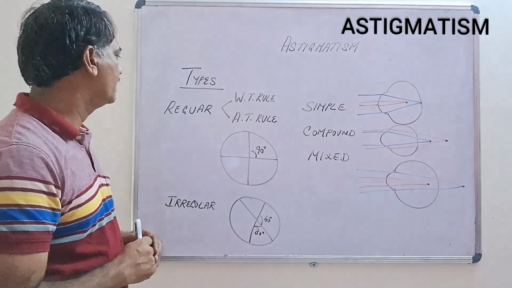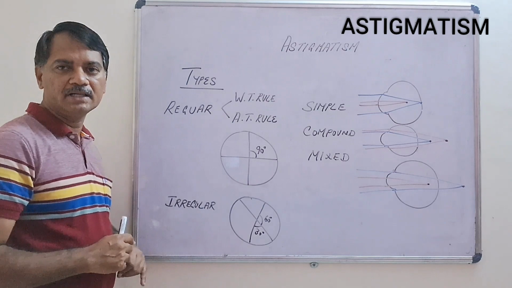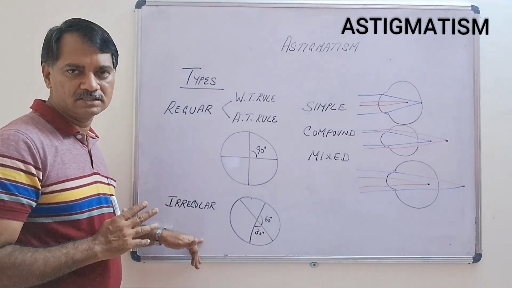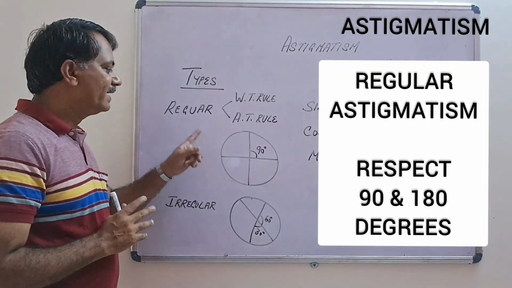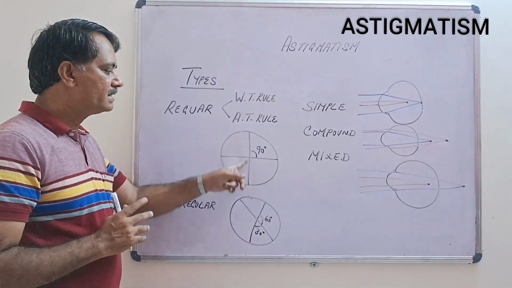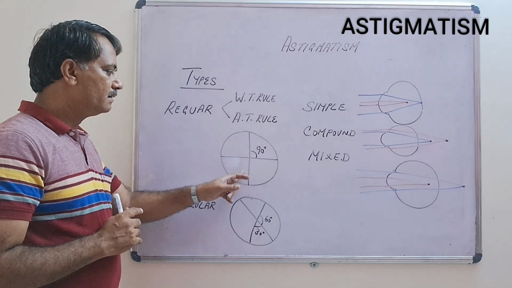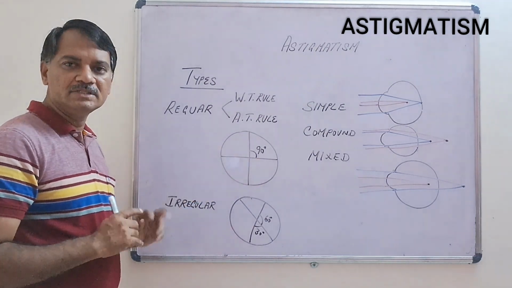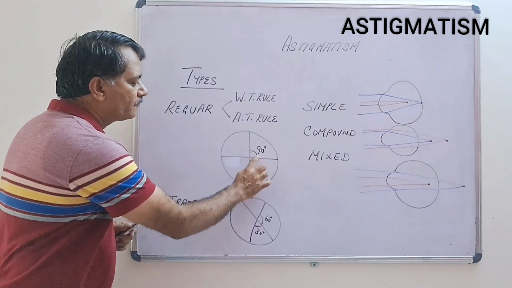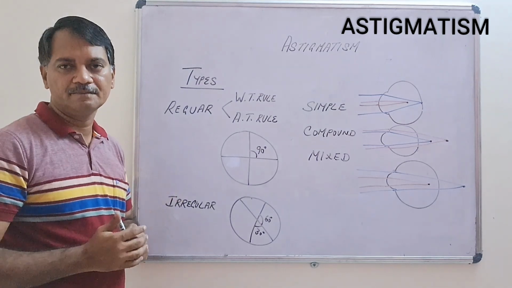Astigmatism is classified as regular astigmatism and irregular astigmatism. What is the difference between regular astigmatism and irregular astigmatism? In regular astigmatism, as I said, the meridians are there in the curvature. One meridian and another meridian which have different curvatures will have an angle of 90 degrees between them. They will be at a right angle.